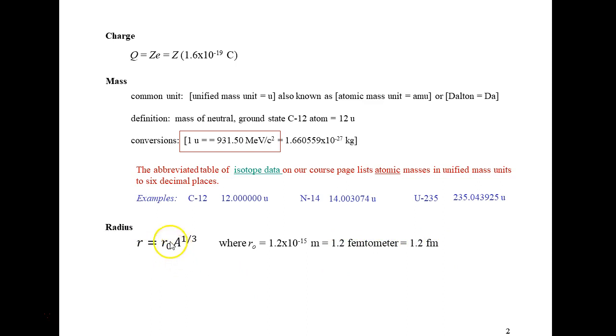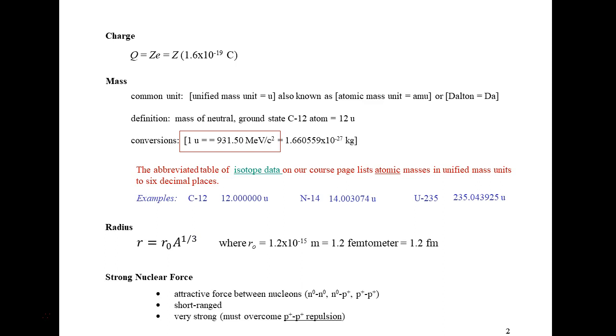But the radius goes as that base radius times the mass number to the 1/3 power, roughly. If you're going to view the nucleus as a sphere, which in some cases isn't even a good thing to do. But there's a formula for you. I don't really use that very much, but there it is.